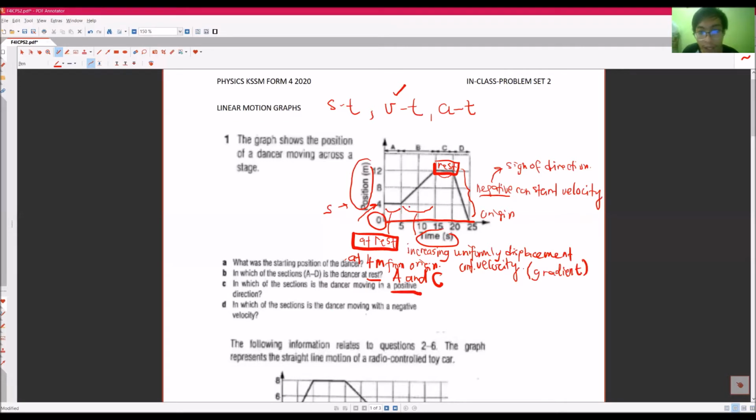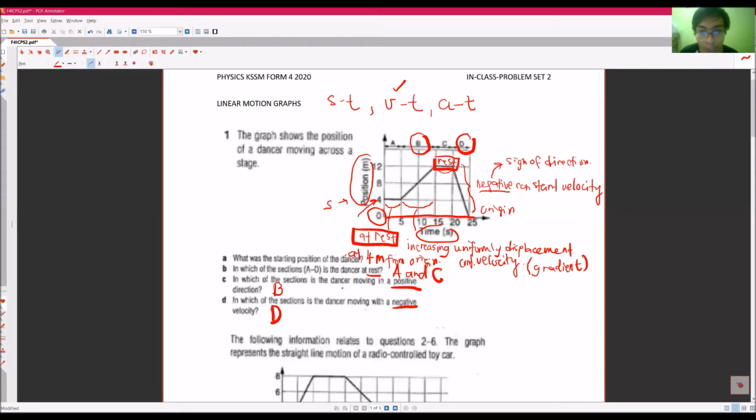Of course, the positive direction is the positive velocity. So this is the only part where the dancer is moving in the positive direction. D, in which of the sections is the dancer moving with a negative velocity? We already discussed it before. This is section D. So far so good, because it's quite a direct question.